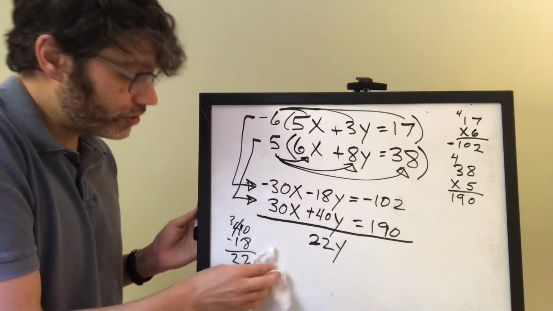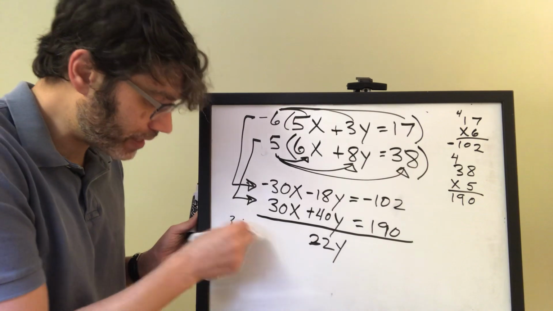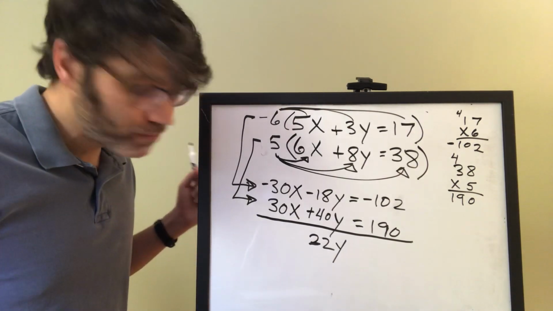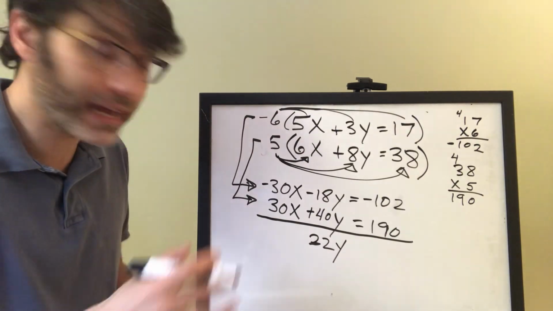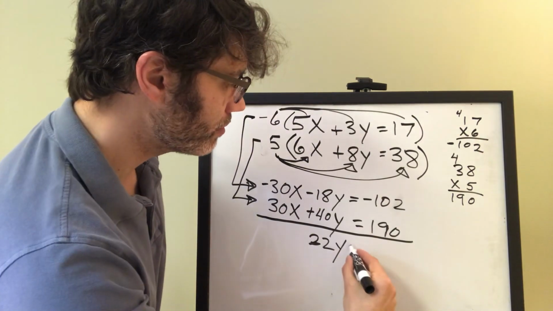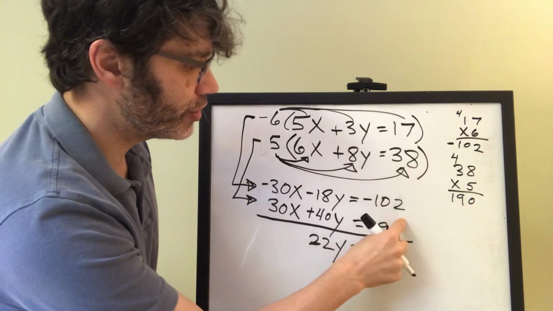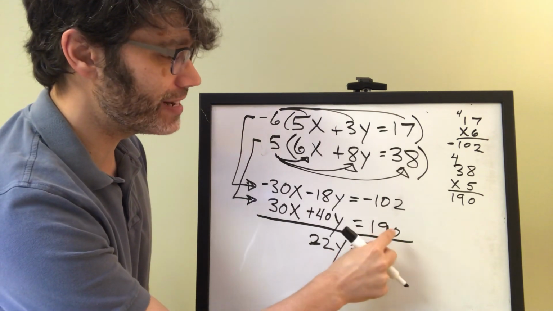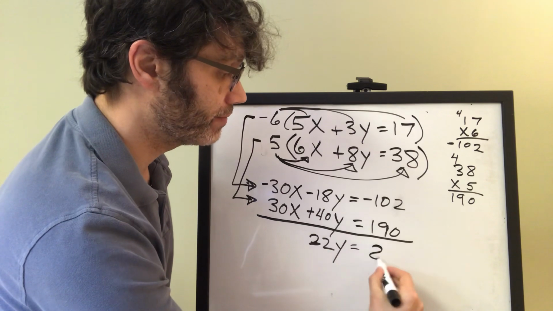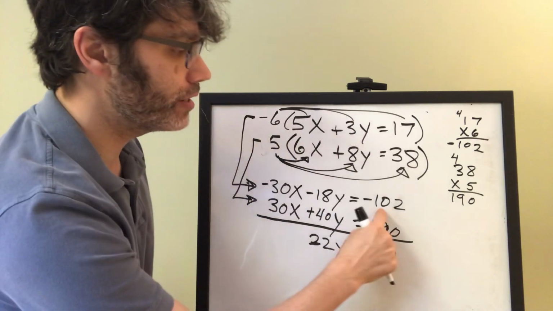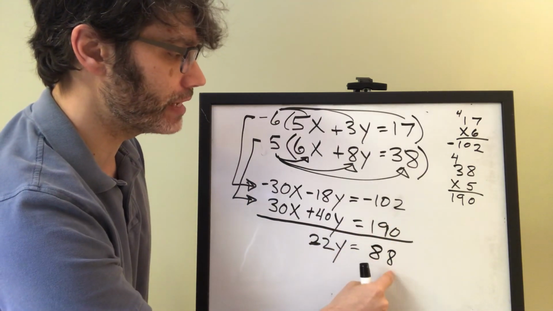All right. So do you see that the arithmetic becomes more difficult with this? And that's why these problems take more time. You just have to do the arithmetic, but it's okay. It'll work out in the end. And then negative 102 plus 190 would be a positive 88.